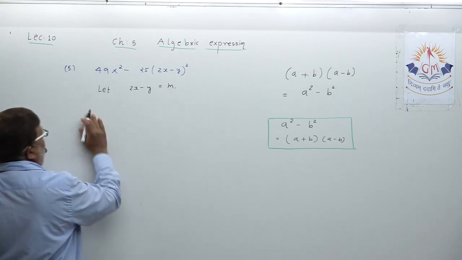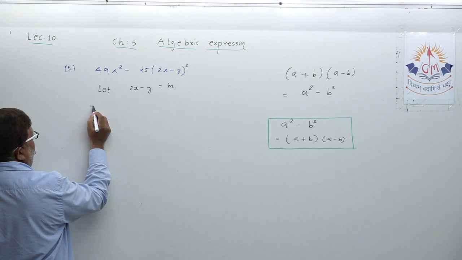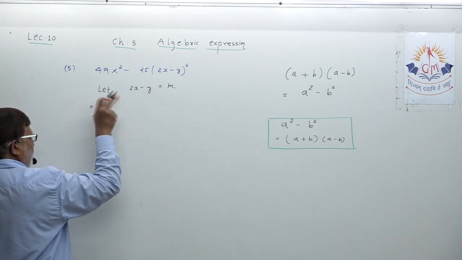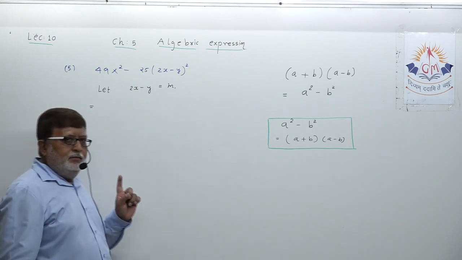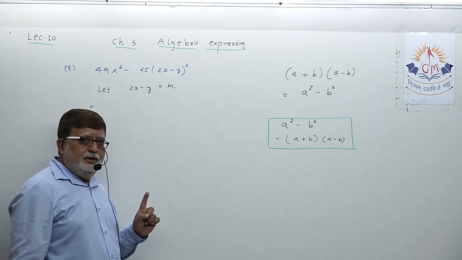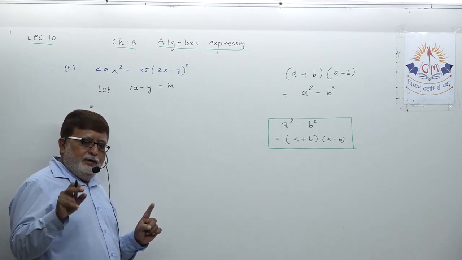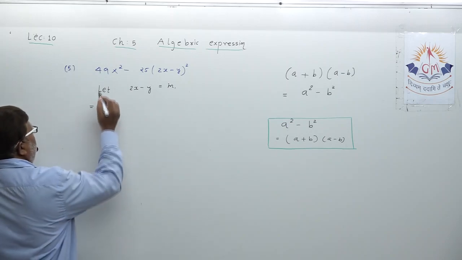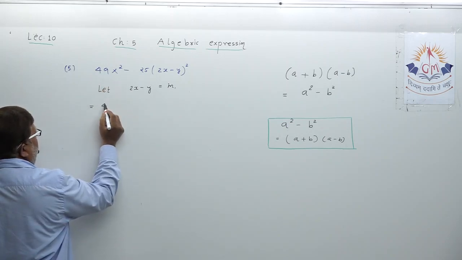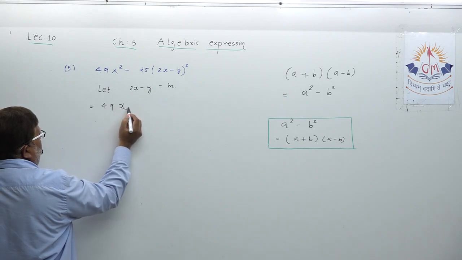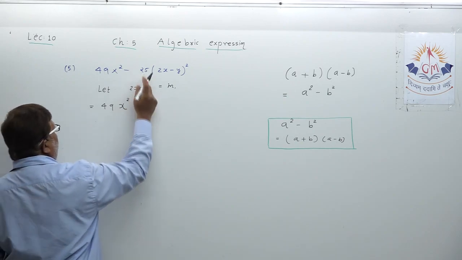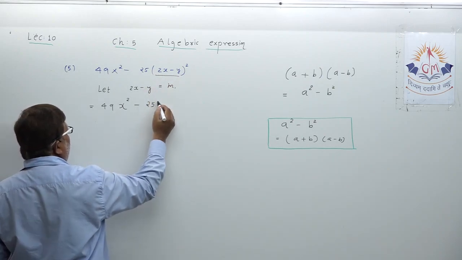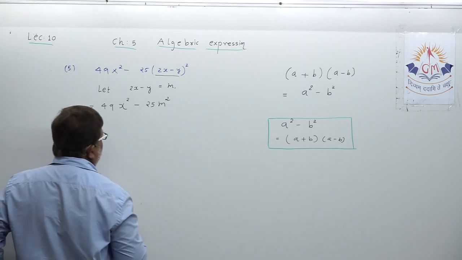Okay. Accordingly, please substitute. I will keep my pace of explanation and my pace of writing in such a way that you can note down with me. Okay. This is as it is. 49x square minus 25, instead of this, m whole square.